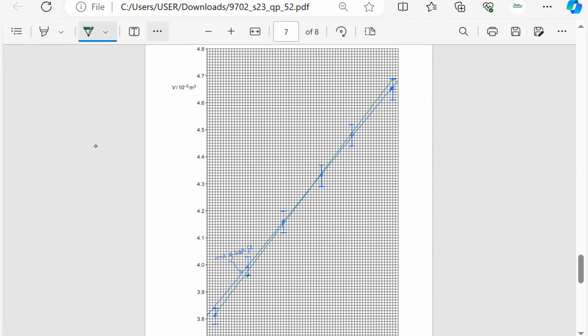I have to adjust this. I want it to exactly pass through the second bottom.